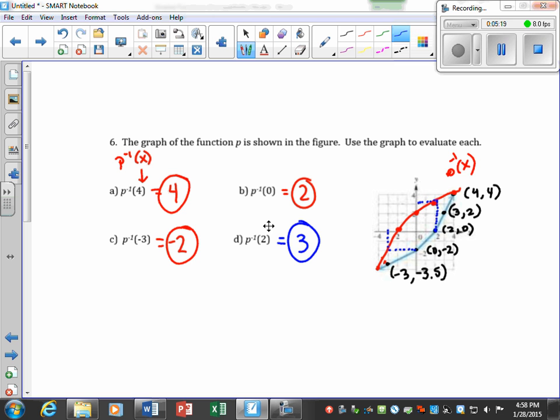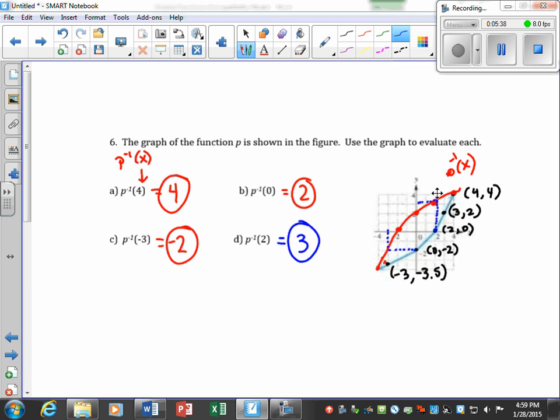So in this case, they gave us the original function, and I decided to write all the ordered pairs down, and then I did the inverse by simply noting that the inverse of (3, 2) is the ordered pair (2, 3). I created my inverse graph by switching the domain and the range.